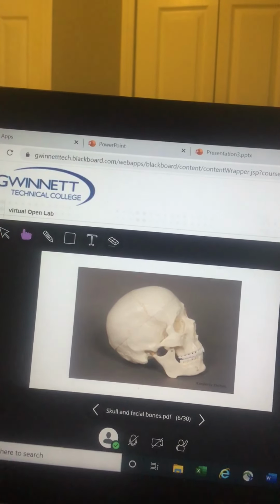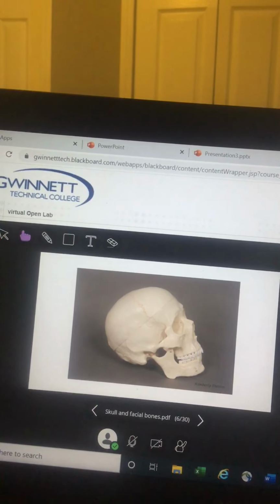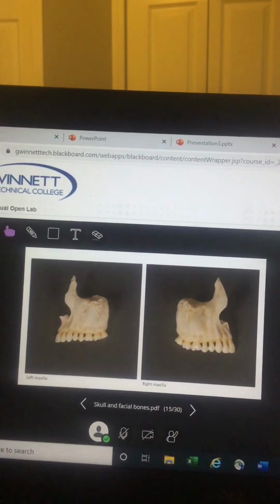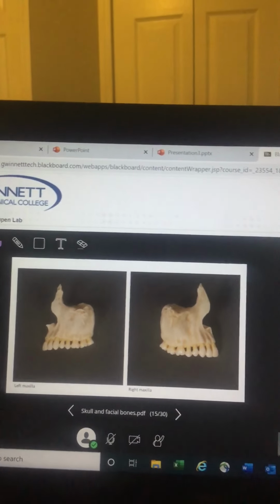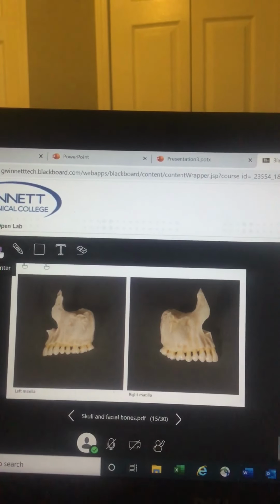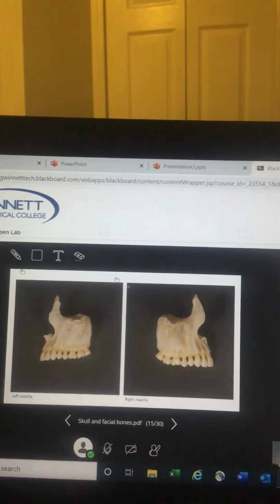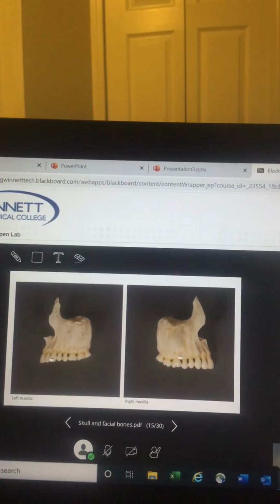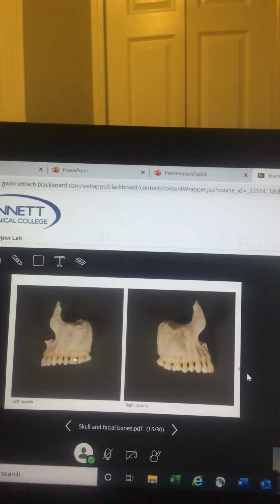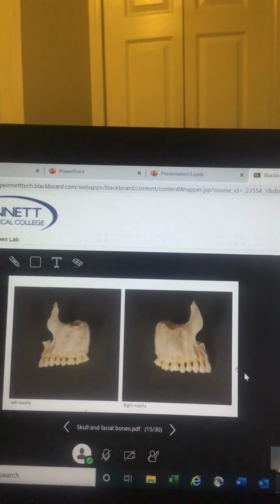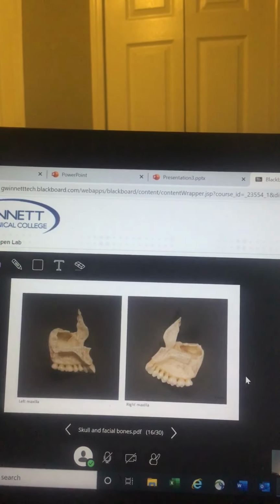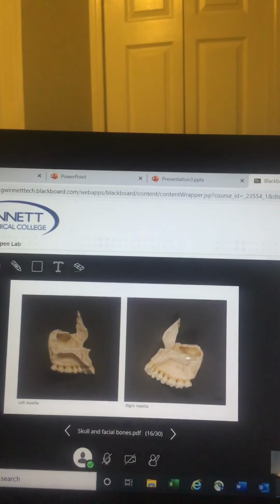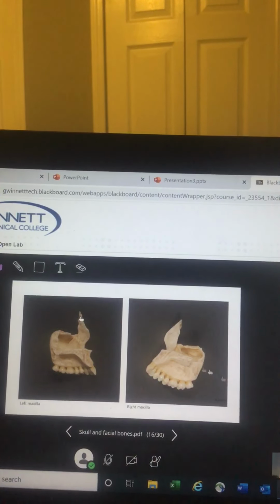All right, if I pull up this, can you show me alveolar sockets? Alveolar sockets, yes, lovely. Can you show me the palatine process? The palatine process is going to be at the back.